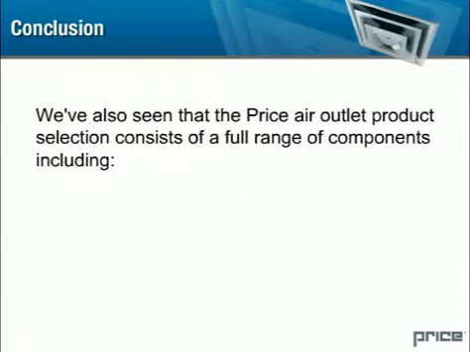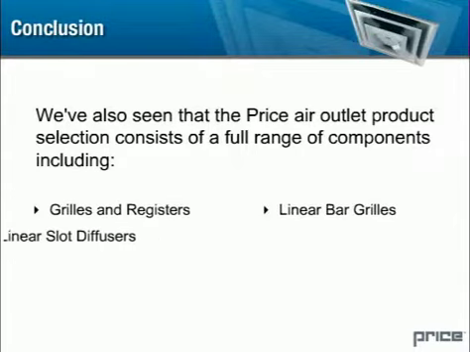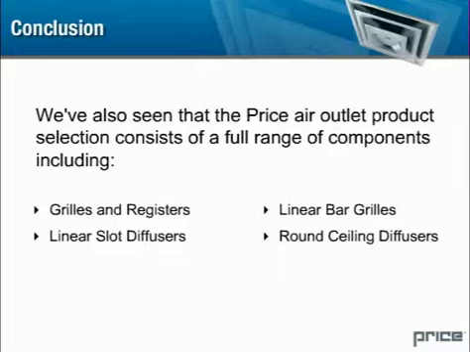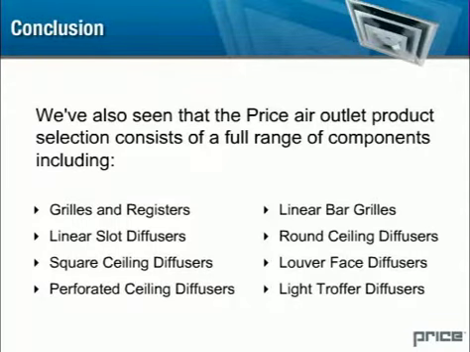We've also seen that the Price air outlet product selection consists of a full range of components including grills and registers, linear bar grills, linear slot diffusers, round ceiling diffusers, square ceiling diffusers, louver face diffusers, perforated ceiling diffusers, light troffer diffusers, and plenum slot diffusers, which may be combined to suit a variety of applications.